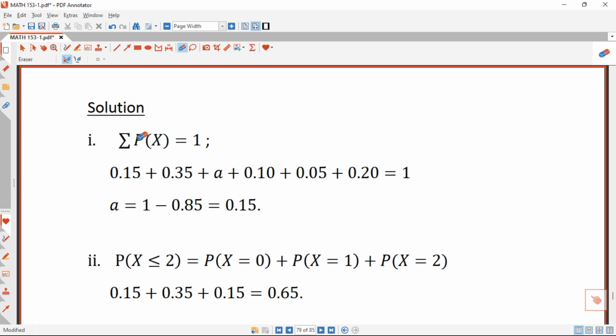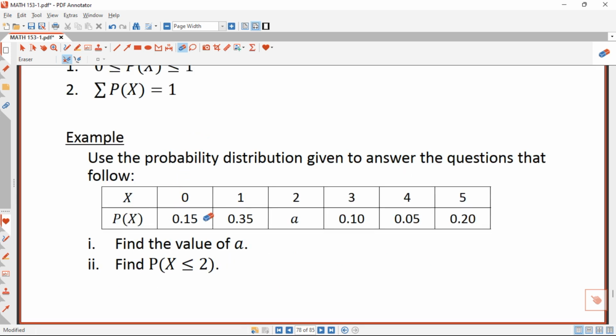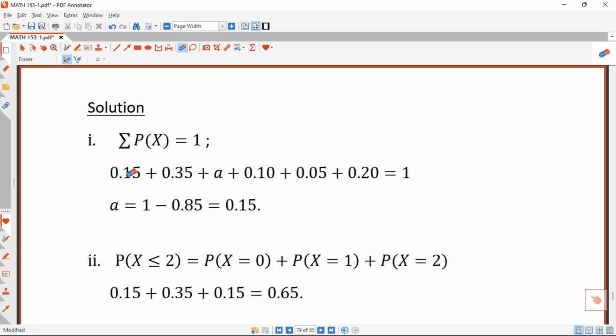So here, the summation of the probability of x is equal to 1. And then we just sum everything here: 0.5 plus 0.15 plus 0.35 plus 0.8 plus 0.1 plus 0.05 plus 0.0 plus 0.2. When we add everything here, we are supposed to get 1.